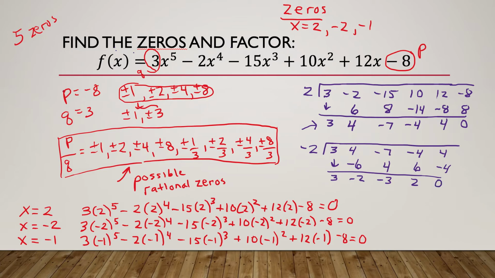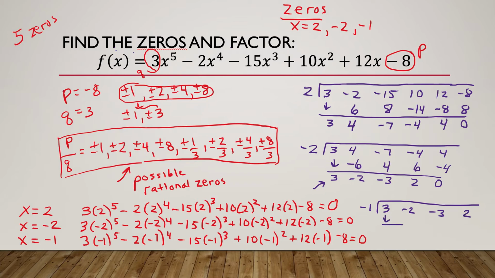All right, so again, that's what we expected to have happen. Okay, so now we're going to take the last 0, which is a negative 1, and plug it in again to where we left off. So we've got the 3, the negative 2, the negative 3, and the 2.